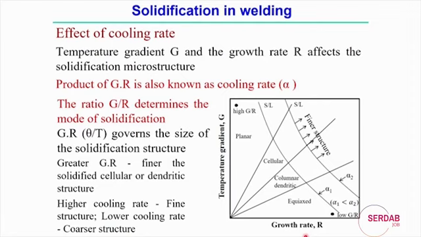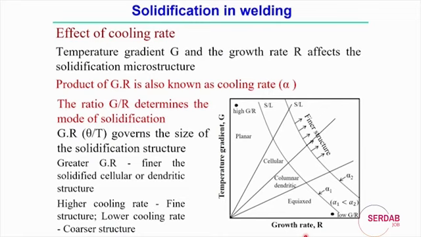If we check it dimensionally, G is the temperature gradient, temperature by length, and R is the growth rate, length by time. So, temperature by length times length by time is temperature by time, which represents the cooling rate. At the same time, the ratio G by R determines the solidification mode, as we have already discussed; depending upon the G by R ratio we can define the mode of the solidification.